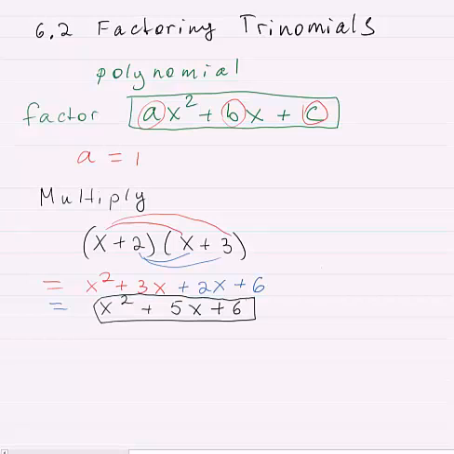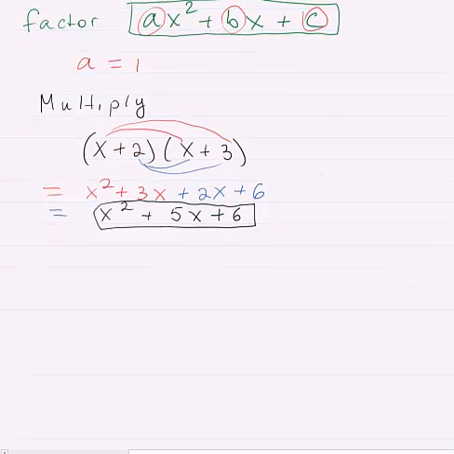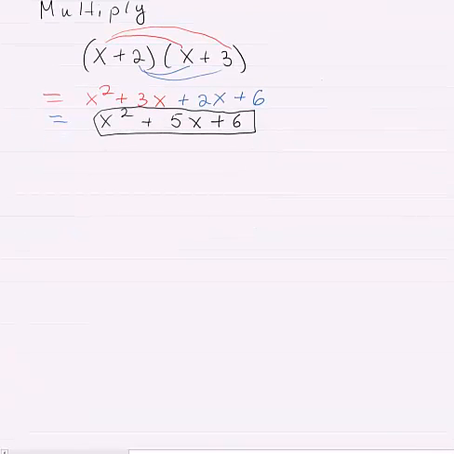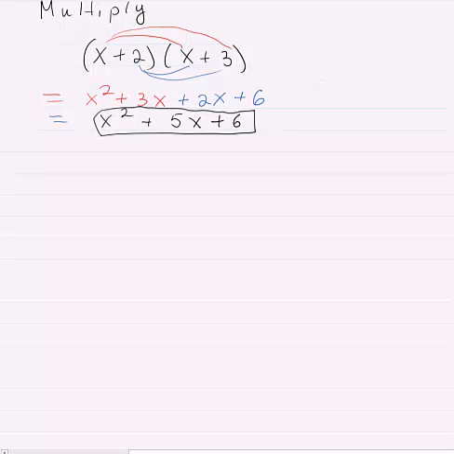Now, if you look at this closely, let me scroll down a little bit. You can see that you have the x squared term right here, you have a term that is a number, and then you have these. Let me highlight them for you. The 3x and the 2x are the like terms. That's where the 5x comes from. So my question is, how do we go backwards?